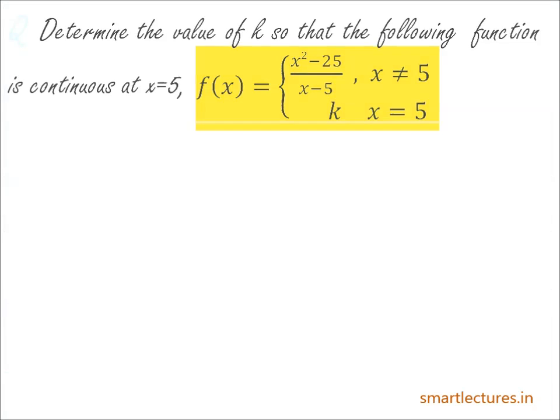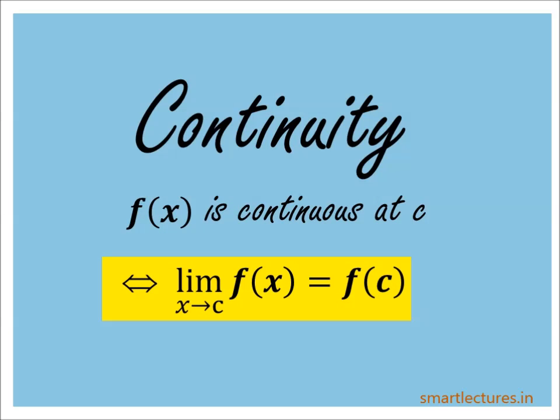In the previous episodes, you have already learned that a given function is continuous at a point if and only if the limit of the given function at the given point is equal to the value of the function at that point.